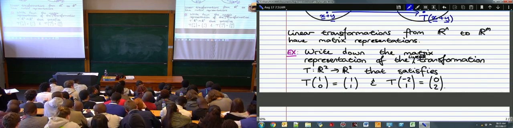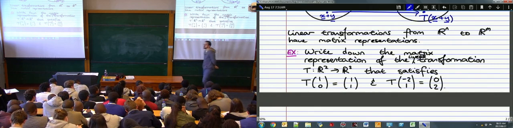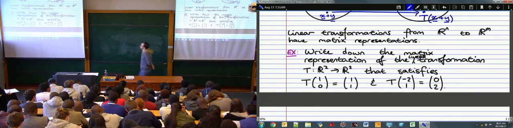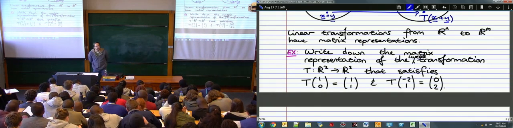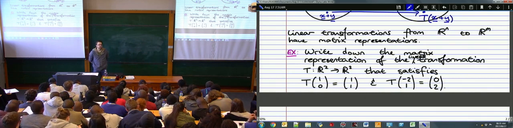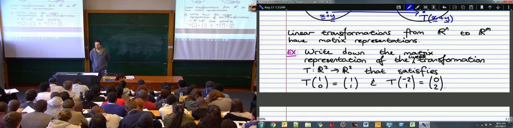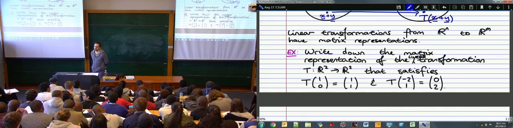One of the first things you might ask yourself is whether this is actually enough information to uniquely determine a linear transformation. Is it not the case that there might be a whole bunch of different functions that satisfy these two conditions?